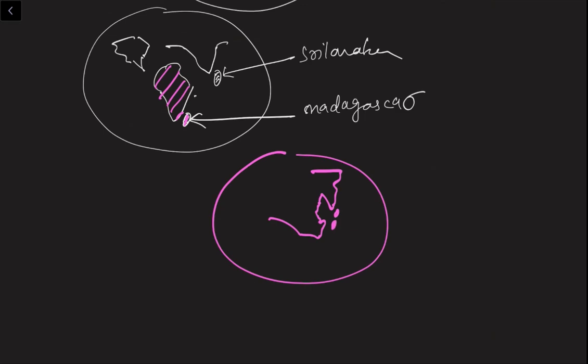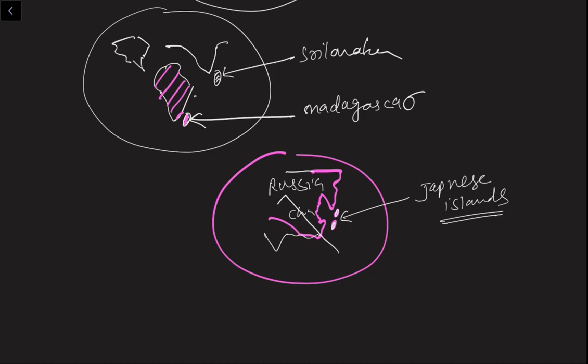These dots indicate the Japanese islands, and this is Russia, China, and somewhere here India. He said these Japanese islands are also rock fragments, because the continent was moving in this direction, and Philippines is also there.